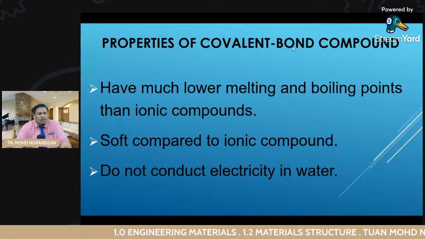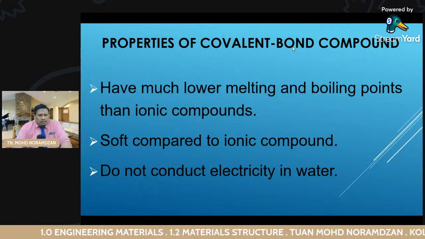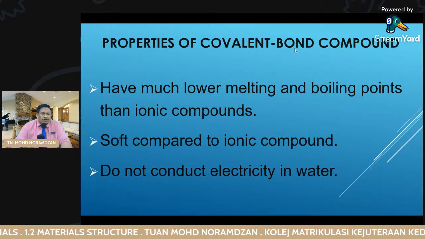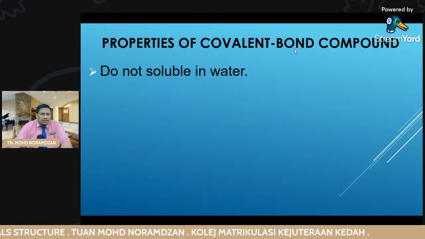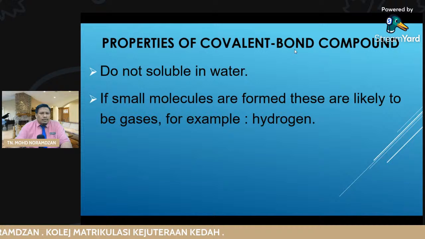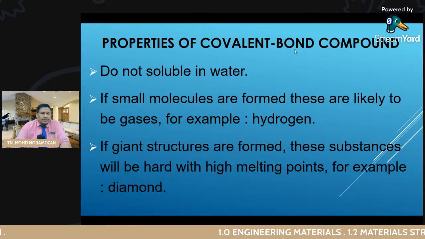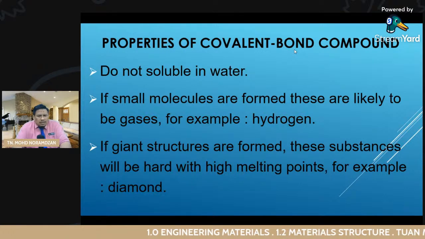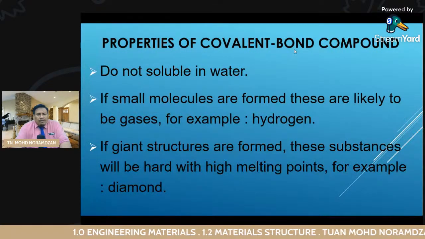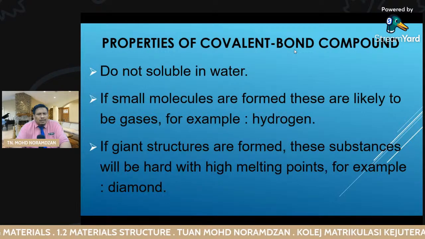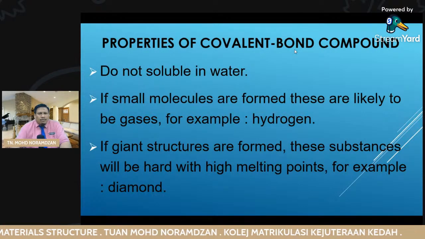Do not dissolve in water. If small molecules are formed, these are likely to be gases, for example, hydrogen. If giant structures are formed, the substance will be hard with high melting point, for example, diamond. Diamond is a covalent bond compound.